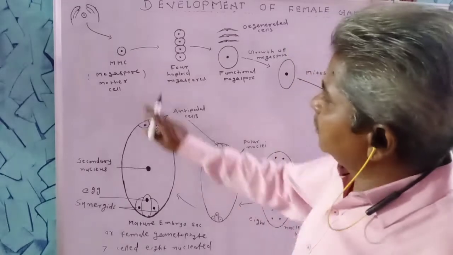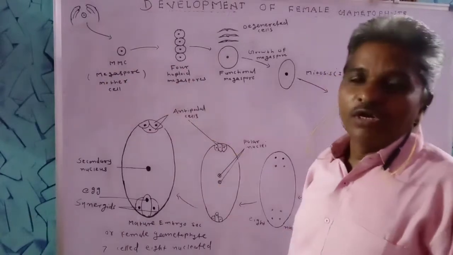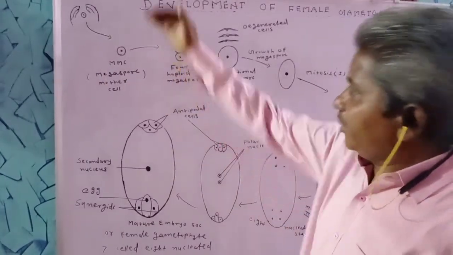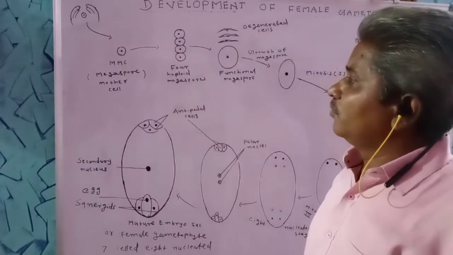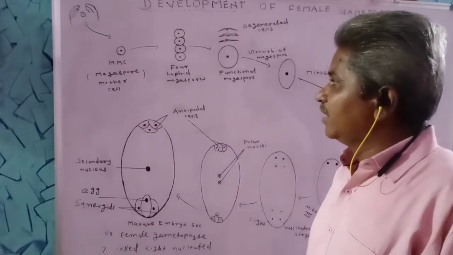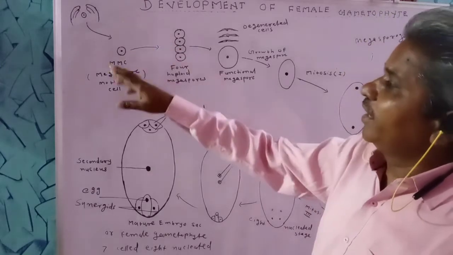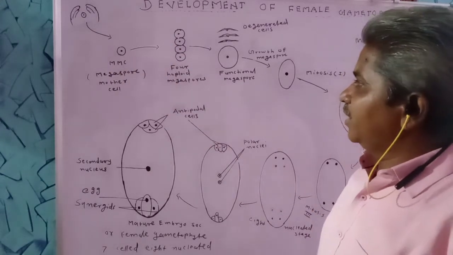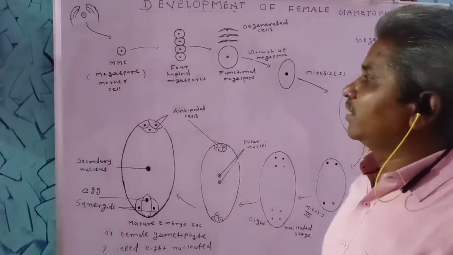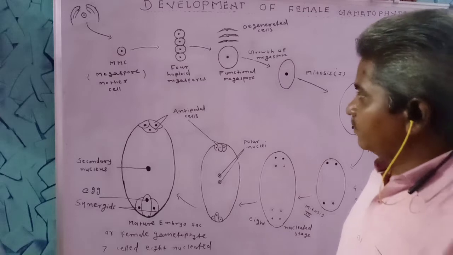This megaspore mother cell is a diploid cell, lying in the nucellus of the ovule towards the micropylar end. The MMC undergoes meiosis, and it produces 4 haploid megaspores.